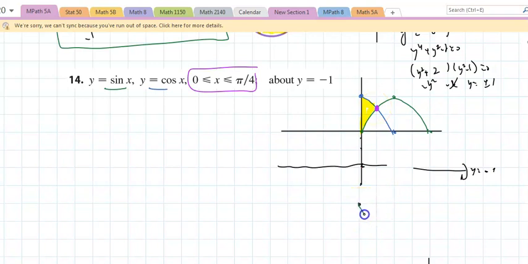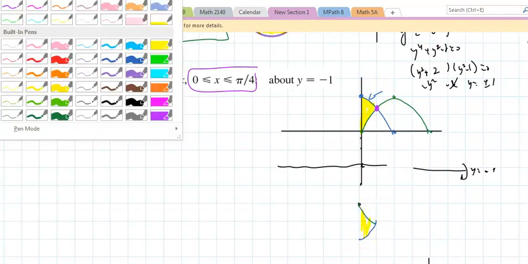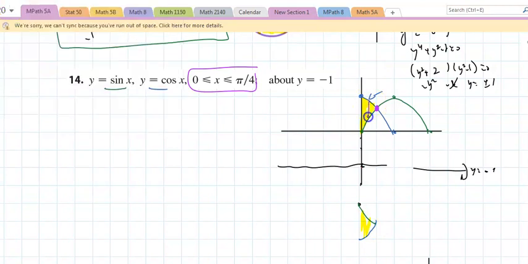The green will look like this, and the blue would start and come down, and the image of that is right there. Now, if I picked my rectangle perpendicular to the axis of rotation, the outer is the blue. The outer limit is actually the blue.